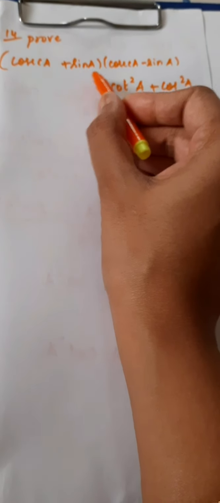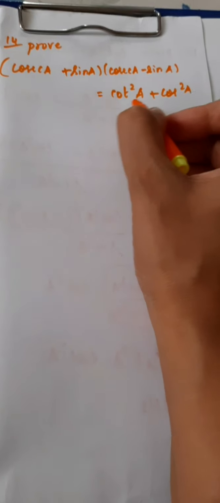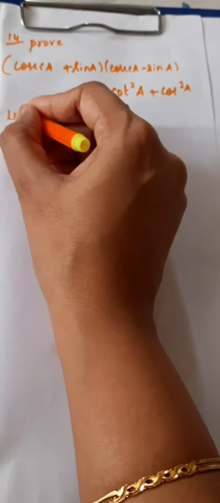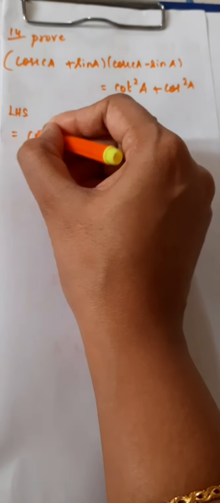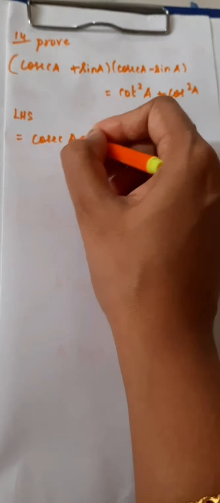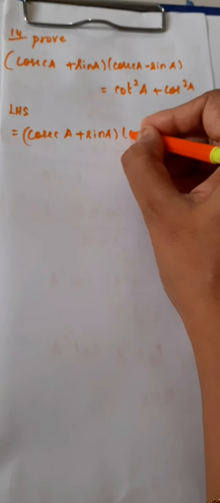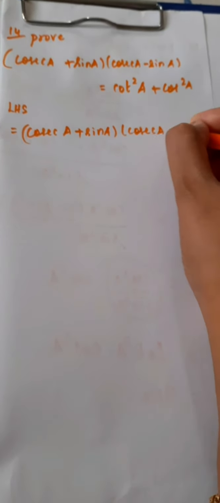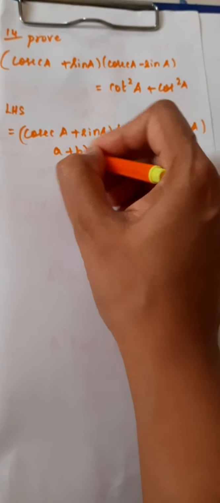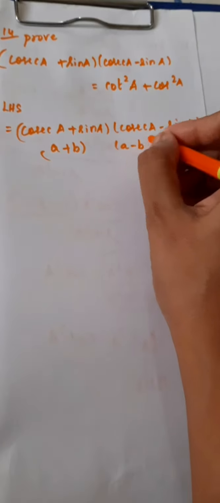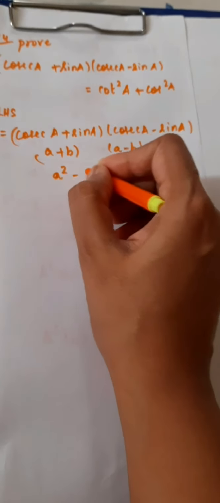Question 14. Cosecant A plus sin A into cosecant A minus sin A equals cot square A plus cos square A. Taking the LHS, cosecant A plus sin A into cosecant A minus sin A. This is of the form A plus B into A minus B, which is A square minus B square.